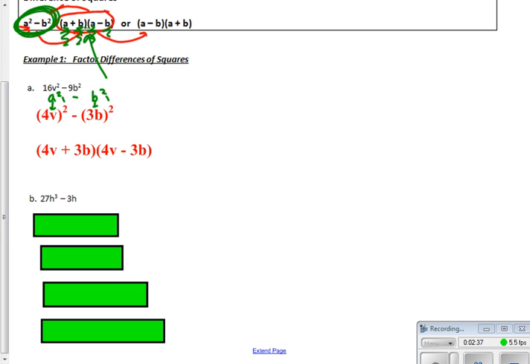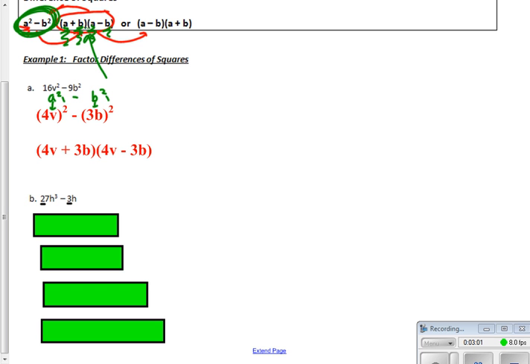Example B is a little unique. The reason why this example is unique is that prior to even starting anything, if you look at the binomial, you can factor something out. So you always want to deal with the smallest terms possible. So we want to go ahead and factor this. In both terms, notice we have 27 and we have 3.